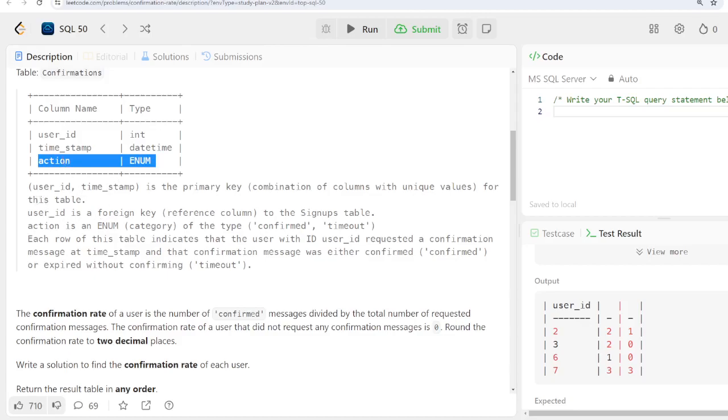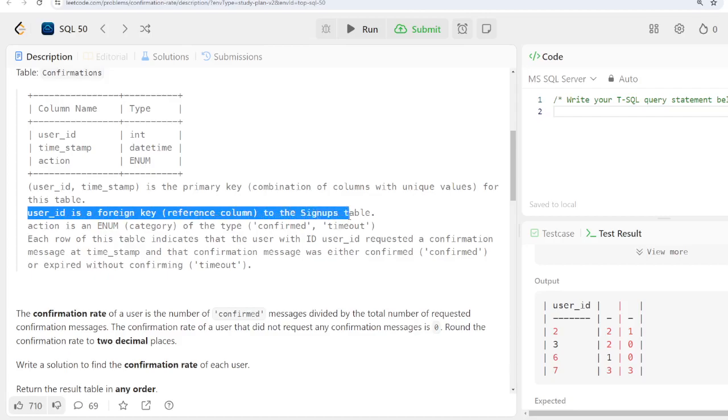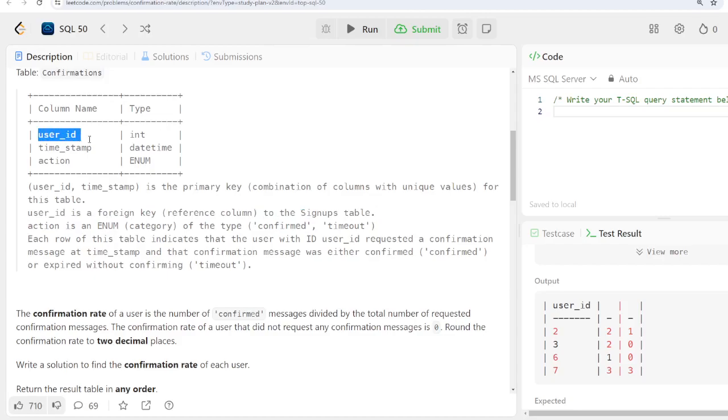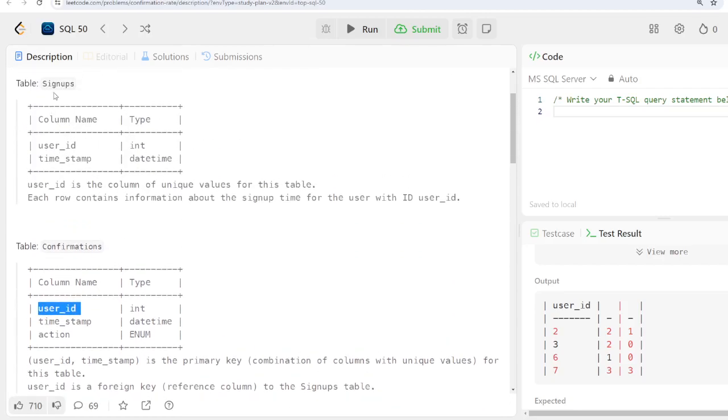So this means that the user ID and the timestamp, the combination of these two columns will be unique values, and it cannot be null as well, right? User ID is a foreign key reference column to the signups table. So this user ID is the foreign key for this signups table.